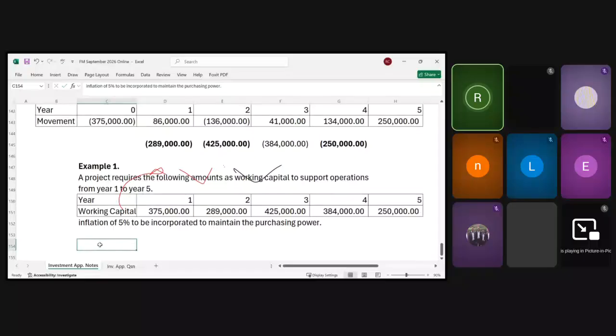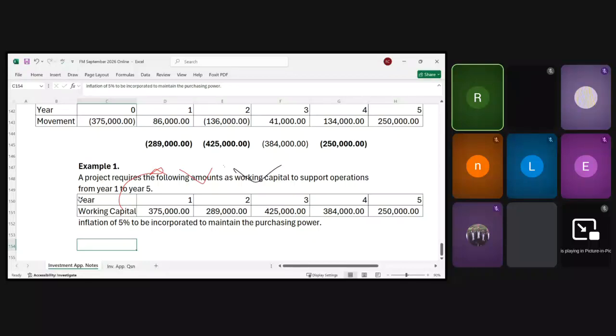So what does that mean? It means that in our working capital, we need then to incorporate 5% inflation.